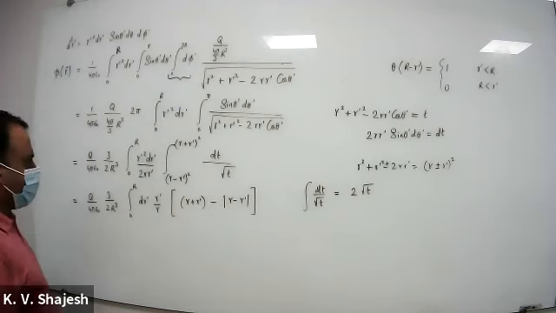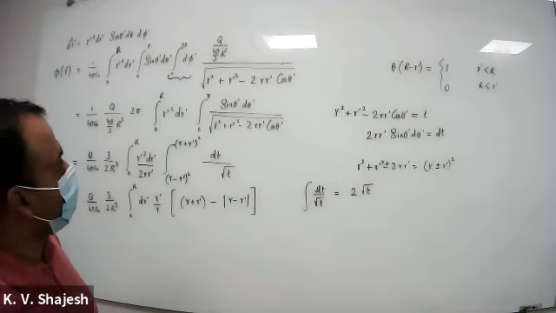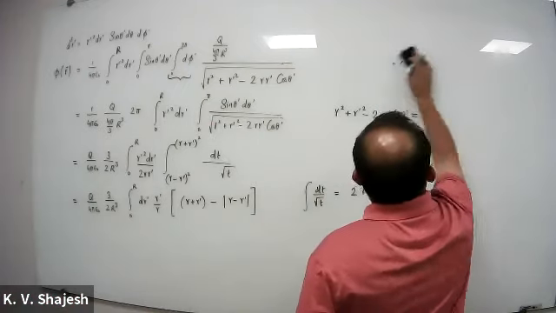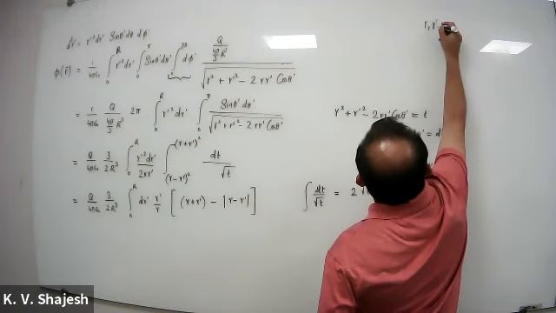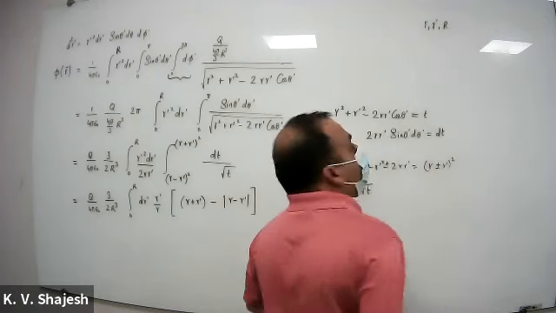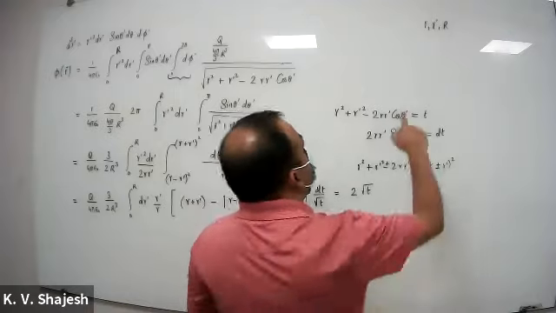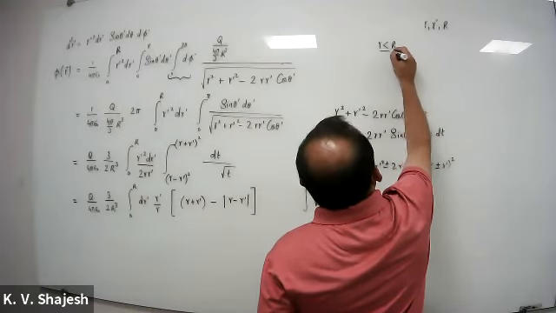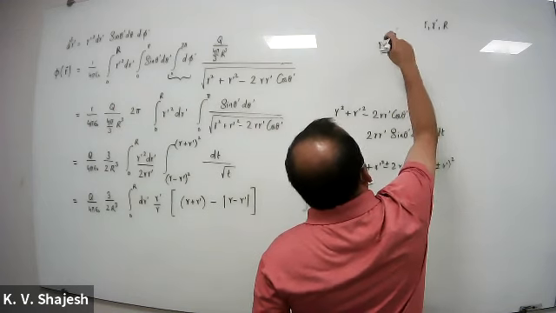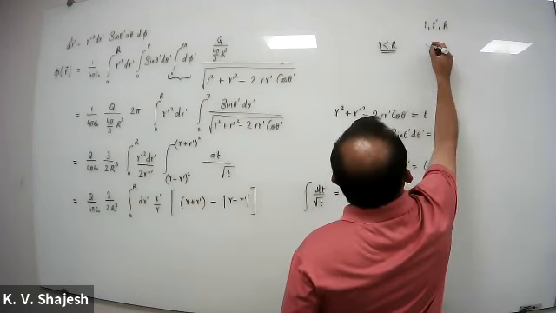So there are 3 distances we can think of: r, r prime, and capital R. If the observation point is inside the sphere, then we can have r or r prime, we don't know which one, to be less than r.